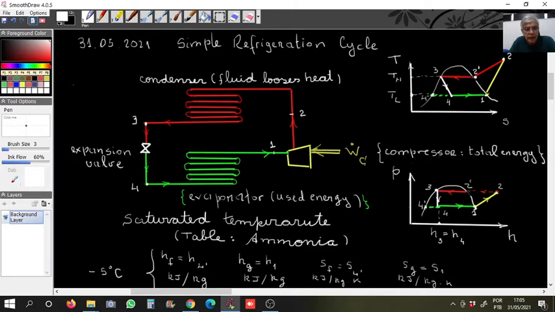This is 3, you have the upstream temperature. At 4, you have the downstream temperature. This is the flow. And so the enthalpy, upstream and downstream, are the same, by hypothesis, by assumption, to derive the expansion valve process.